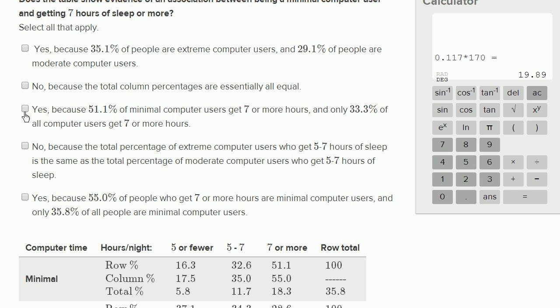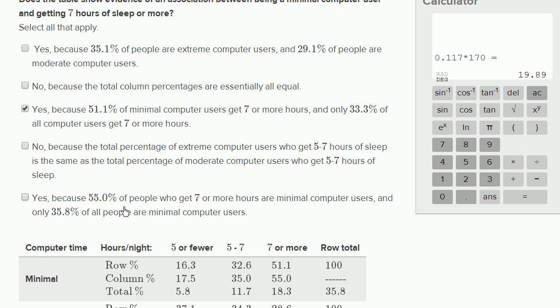But let's just review all of them. Next: no. Well, I already said I think it's yes, but because the total percentage of extreme users who get 5 to 7 hours of sleep is the same as the total percentage of moderate computer users who get 5 to 7 hours of sleep, it's not touching on the point that we're looking for.